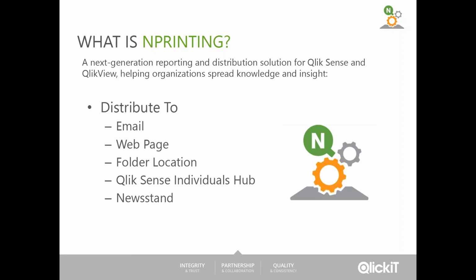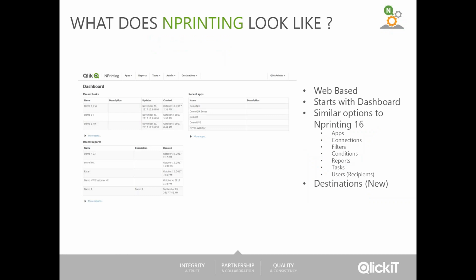You can distribute in many ways to email, web pages, folder locations. Also, one of the things with NPrinting 17 is that with Qlik Sense, you have the Qlik Sense hub, and you can publish NPrinting reports to individuals' hubs. So their reports appear immediately in a combined environment with Qlik Sense, as well as a newsstand.